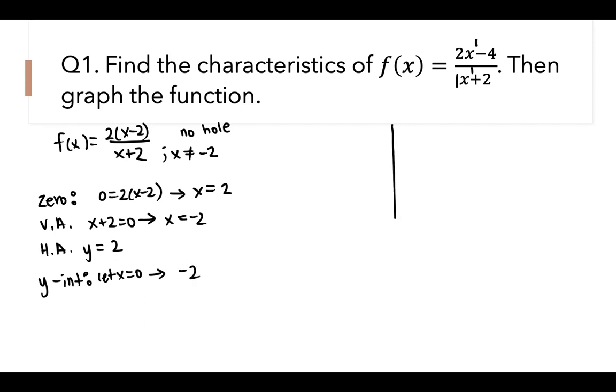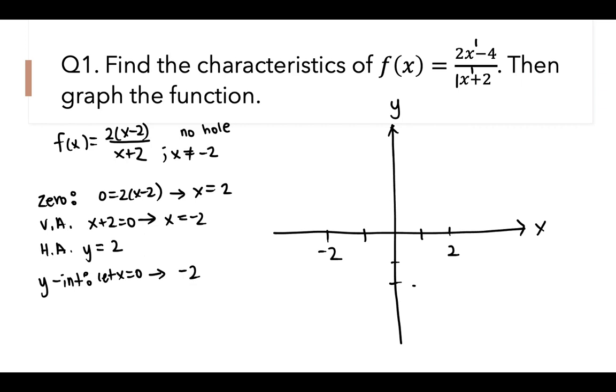Okay, so let's graph with all the information. So we have x, y. I'll write down some key points. This is 2, I need to know this. I have a vertical asymptote at x = -2, and a y-intercept at -2.